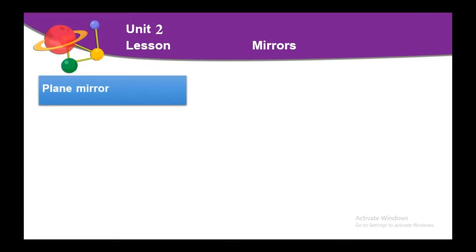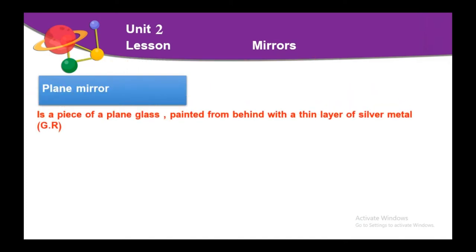What is the meaning of plane mirror? It is a piece of plain glass, painted or covered from behind with a thin layer of silver metal, as you see it in your room.